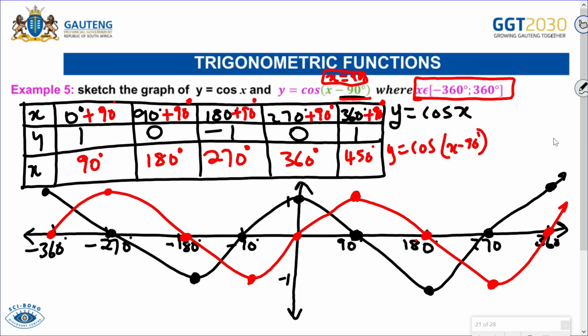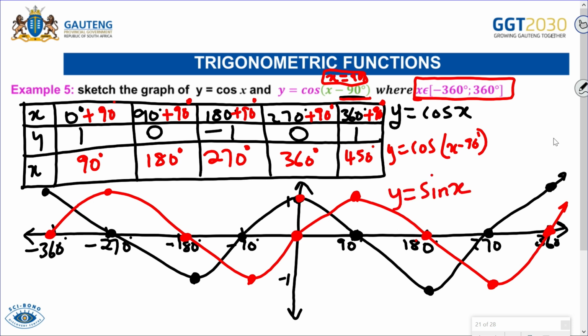What do you notice about this graph? Look at the starting point. Starting point at negative 360 is 0. And also the ending point at 360 is 0, according to how we were restricted in the domains. And then also this graph, it passes through where? It passes through 0, 0. It's no longer passing through 0, 1. So this is the graph of y equals sine x.